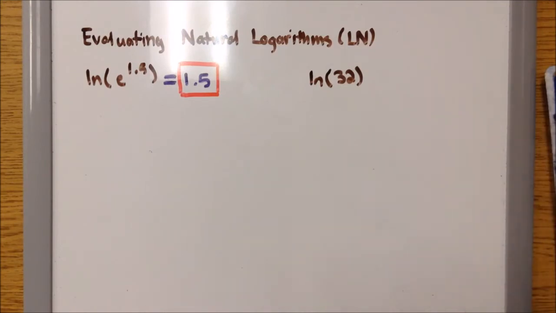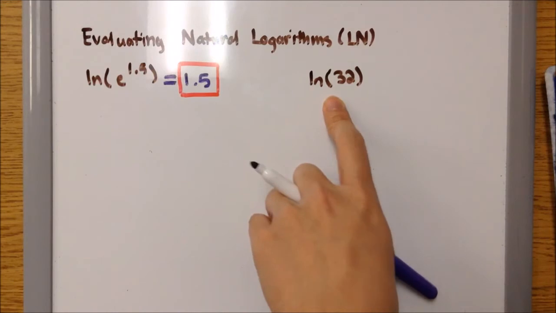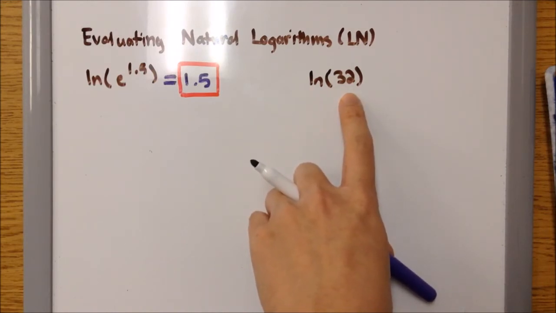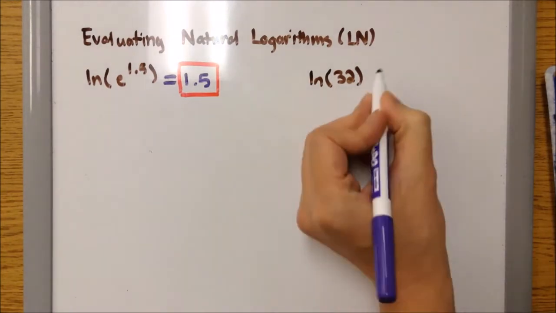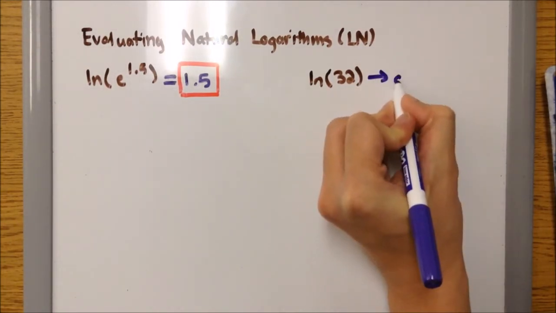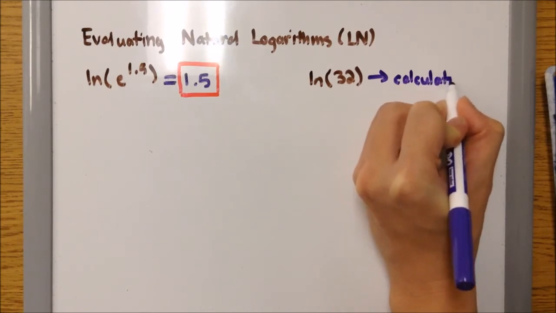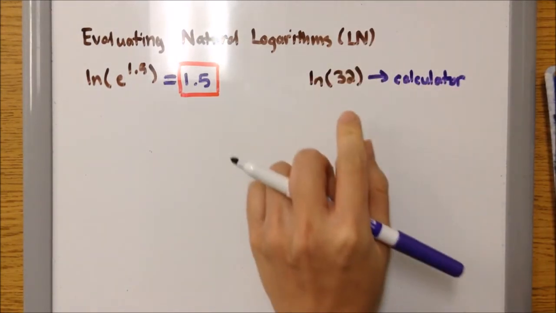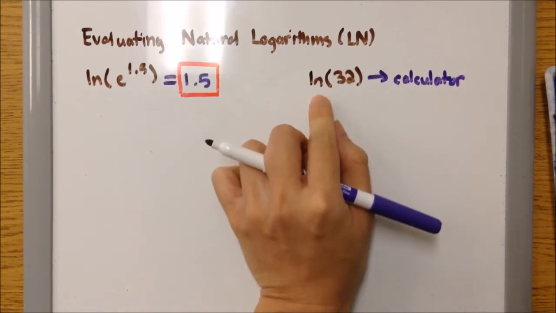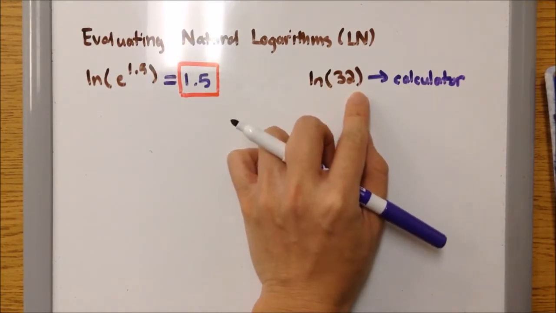Now in our second example, ln of 32. Well, there's no way to work this out by hand, so you actually have to use a calculator. What you have to do is type in exactly what you have: ln, open parenthesis, 32, close parenthesis.